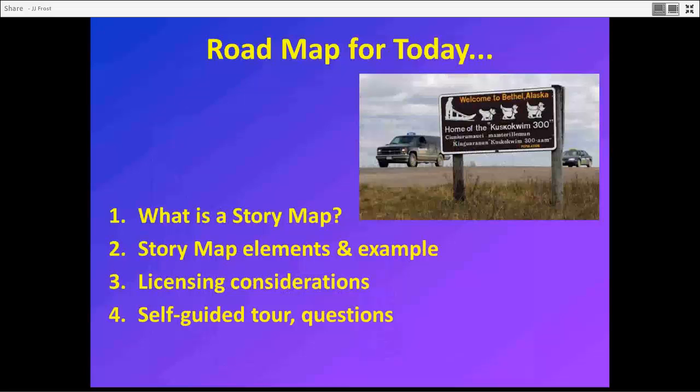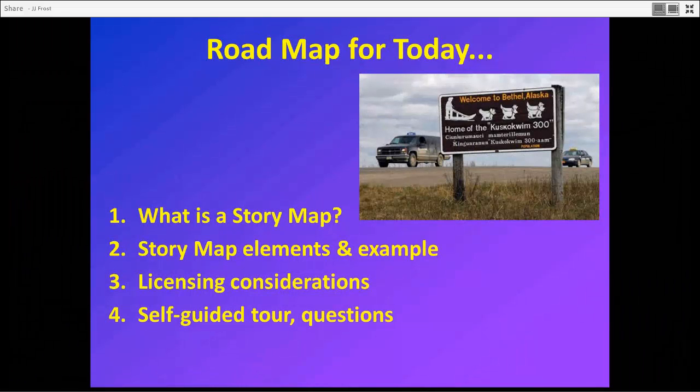So just things I want to touch on, we already kind of talked about what is a story map. I'll give some example, and it's just one example. I mean, there's many ways to do a story map. I'll show you one that has been effective for some of our project activities. I'll talk very briefly about some licensing considerations when you're using imagery, Digital Globe imagery.